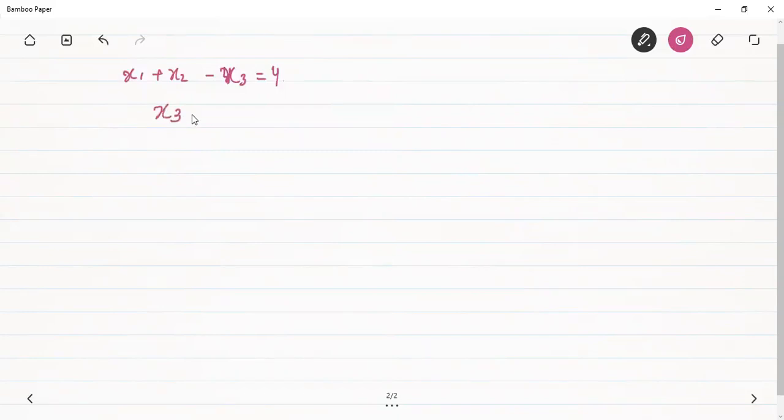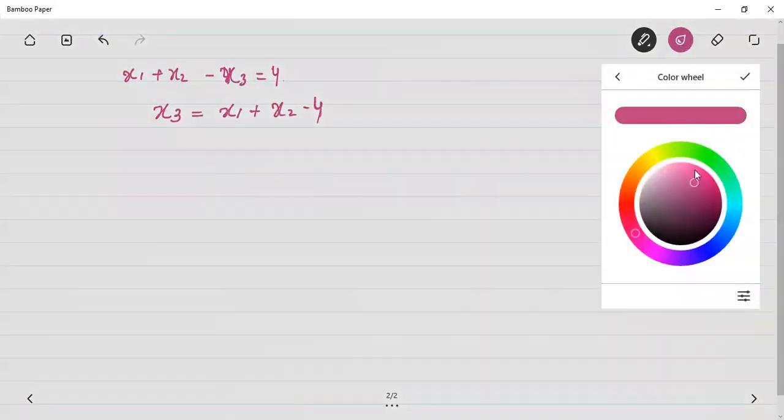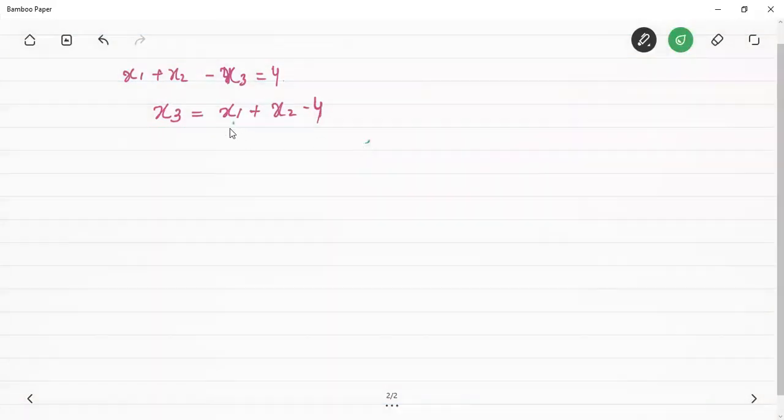So x3 is the basic variable and it has to be brought in terms of the non-basic variables. That is possible when this above equation will become this. That is, x3 has been written in terms of the non-basic variables. And in the first solution, x1 and x2 are the non-basic variables, that is, they are equal to 0.